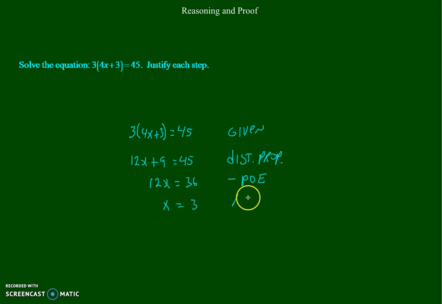And that's division property of equality. It's not terribly difficult. The key is to figure out what justification allows me to go from here to here. This justification allows me to go from here to here, this justification from here to here, and this from here to here. And that's all there is to it.